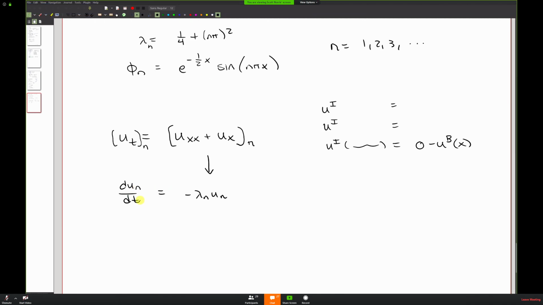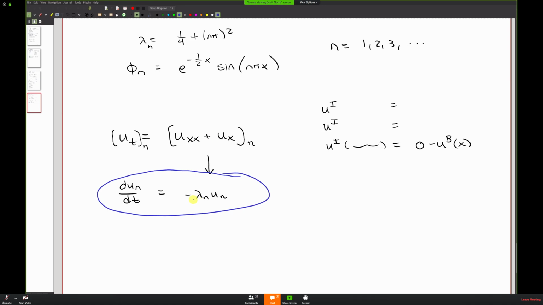Okay, and so after we take the transform, even of this weird advection diffusion reaction equation, we get exactly the same thing that we get with a normal diffusion equation. No matter how complicated I make this right-hand side with different spatial terms, as long as I find the eigenfunctions of that spatial operator, the transform of this problem is always going to be this.